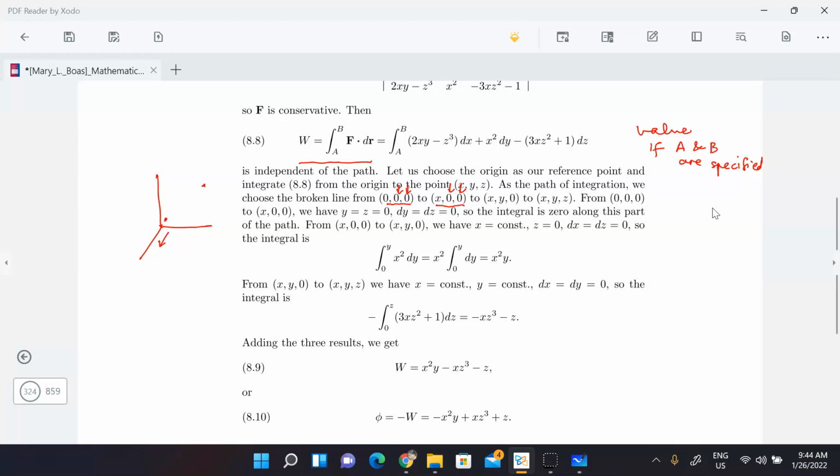So you can go from x equals 0 to that x value here, and then go to the y value, keeping x constant, and then goes from, sorry, this is z.